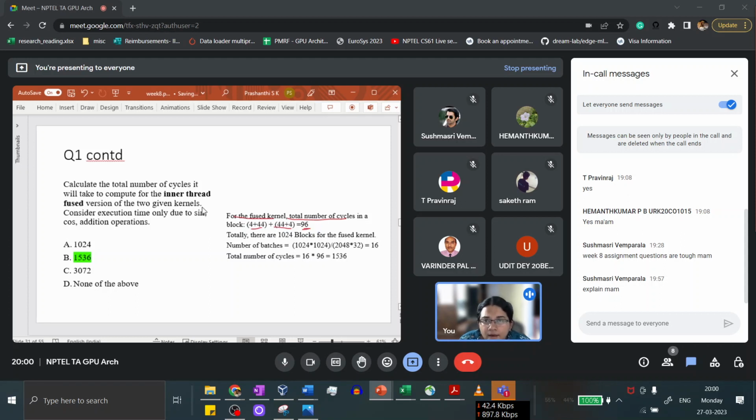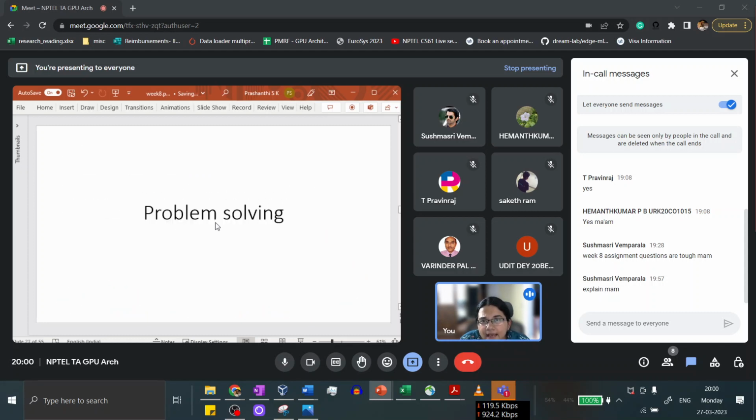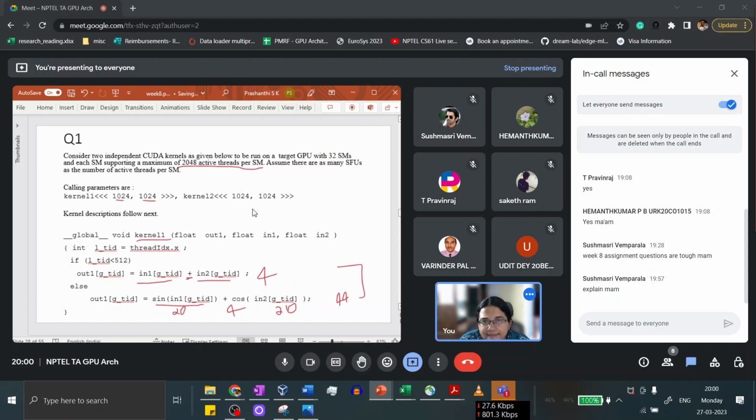But now you're asked the execution time not just for a block but for the entire kernel, right? And remember the kernel has 1024 comma 1024 as its number of threads and number of blocks, and remember that the fused kernel in the inner thread case will have the maximum of the two as its dimensions.